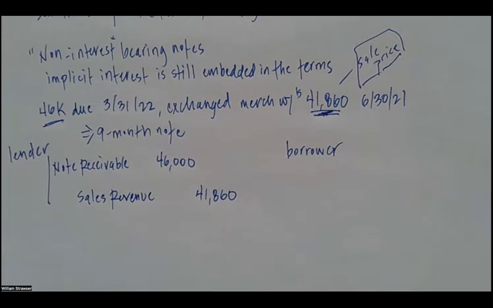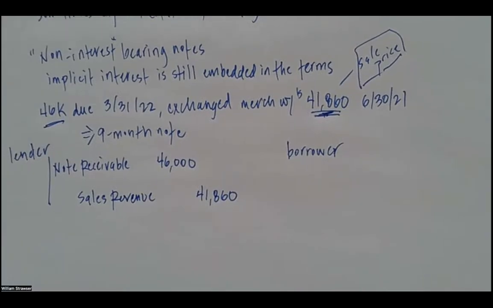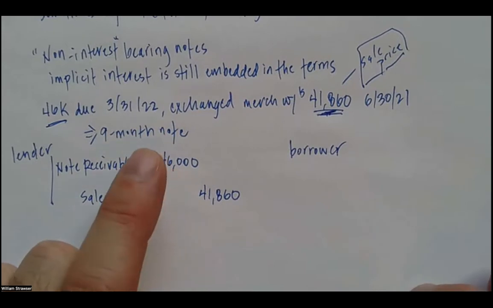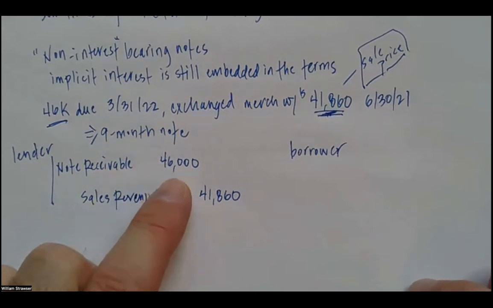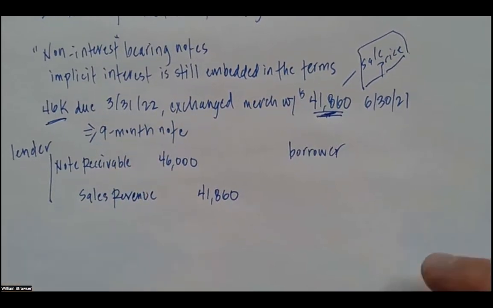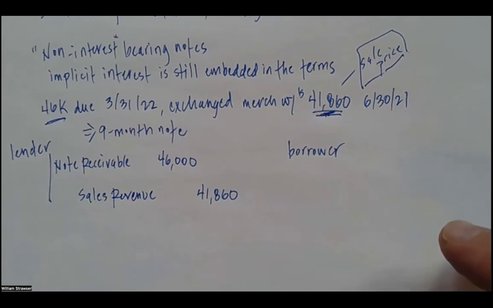Now, that might not make sense because if you think it through, you're like, wait, but they're going to receive $46,000 of cash in the future. And that is where the interest comes into play.